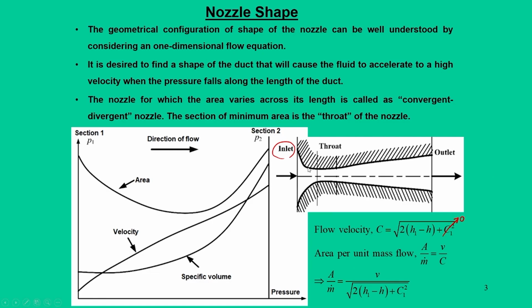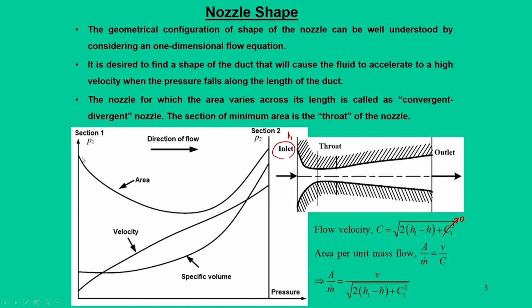If you try to correlate this particular figure with this graph, you will see that if you take any section 1 and section 2 of the nozzle, where the pressure stands as P1 at section 1, we will try to see how the pressure changes with different shape.